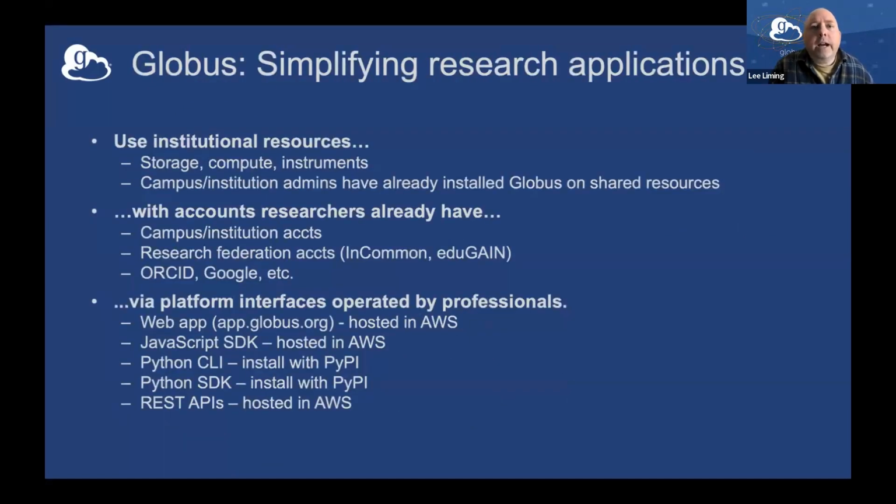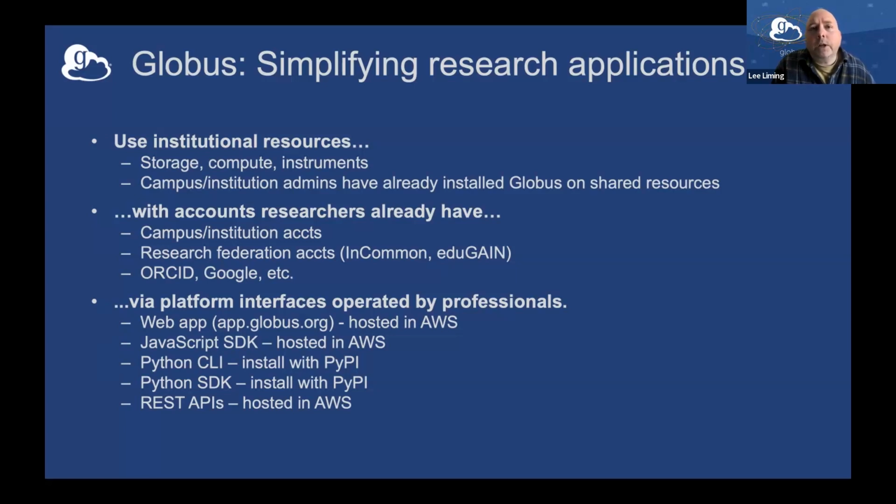So when you put all that together, there are a few common features that make it useful for research software. First of all, we make it easier to use the institutional resources that researchers already have access to. That can be campus or laboratory or national storage, compute, and instruments. And in most cases, campus or institutional administrators have already installed Globus on shared resources.